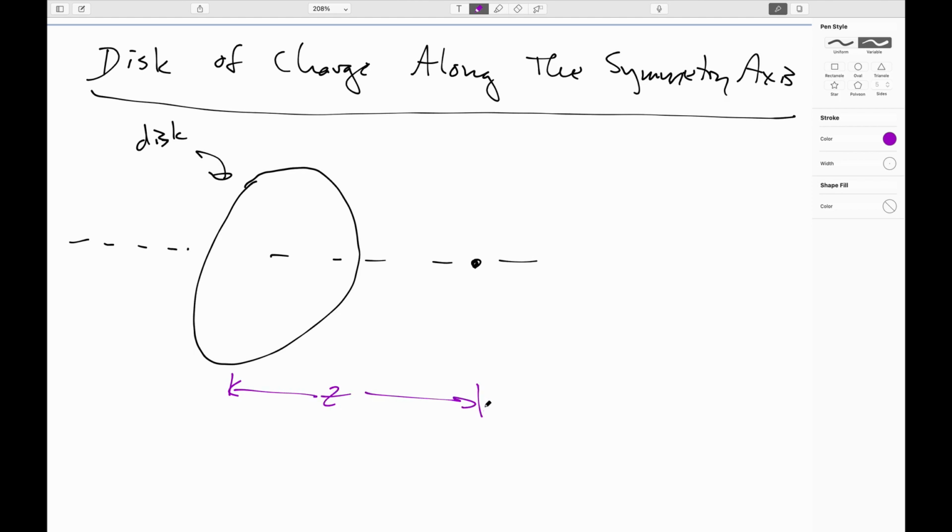What you realize after a quick moment's reflection is, you know what? I can think of the disk as a collection of rings of charge. And I already just worked out the ring of charge.